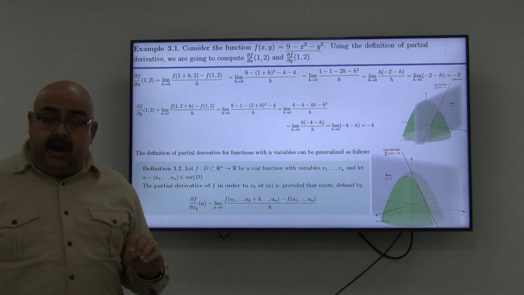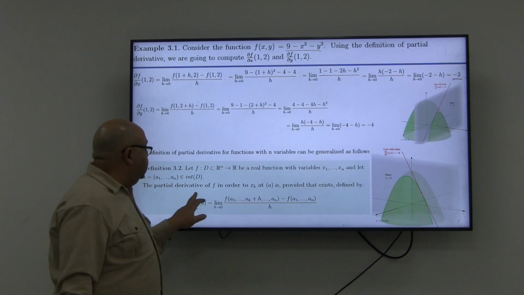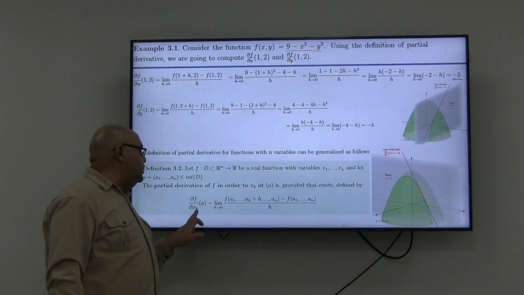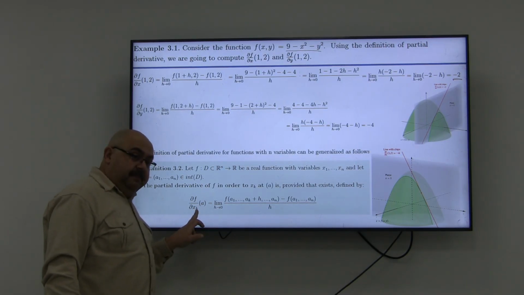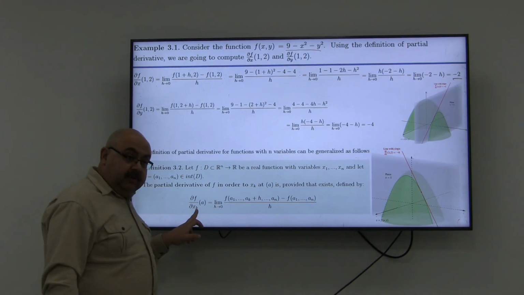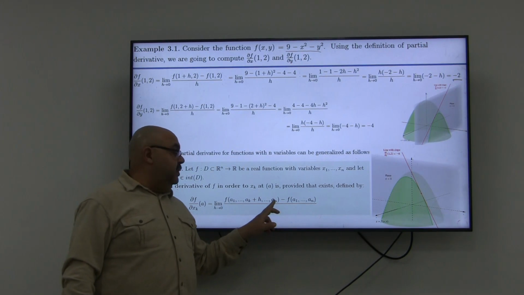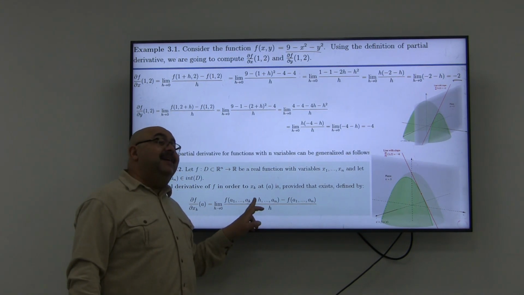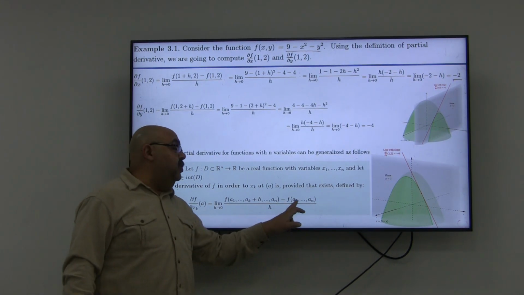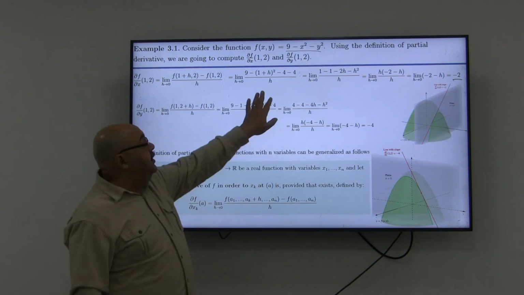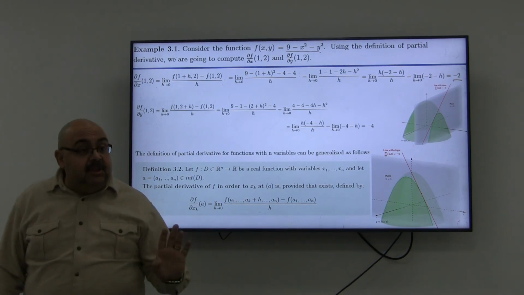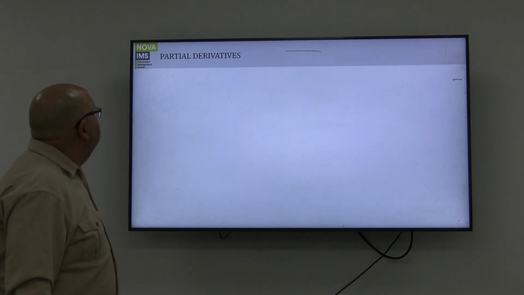So as a general case, if I am trying to get the partial f with respect to x sub k, the k-th coordinate, the function in this case will contain n variables. Then I will go to the k-th variable, adding h, minus the value of the function, divided by h, exactly like this. Okay, that's the generalization of the idea.